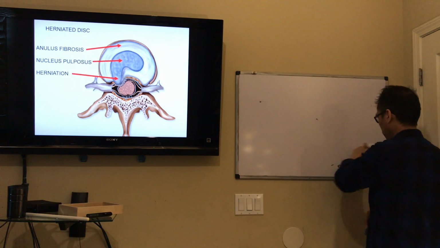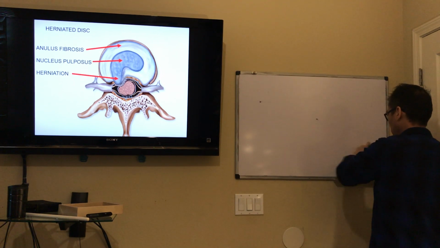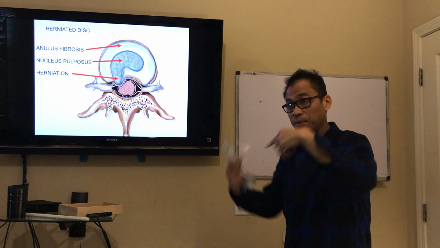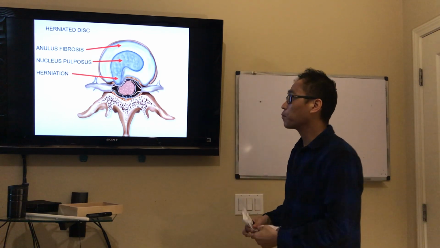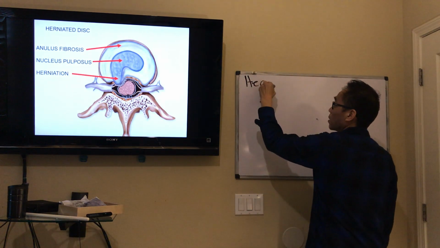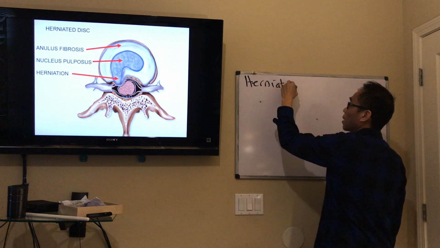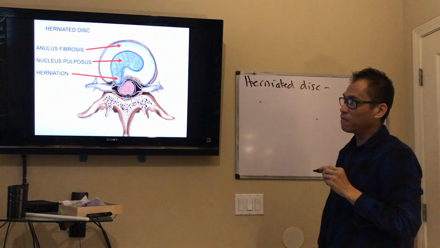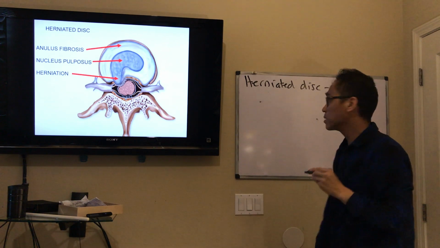And usually this could occur in the lower back where the compression is the heaviest because it's on the bottom there. So herniated disc. Basically a rupture of annulus fibrosus.